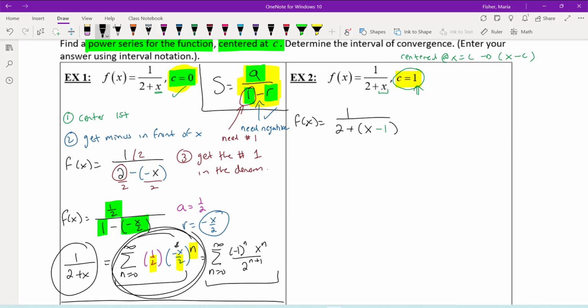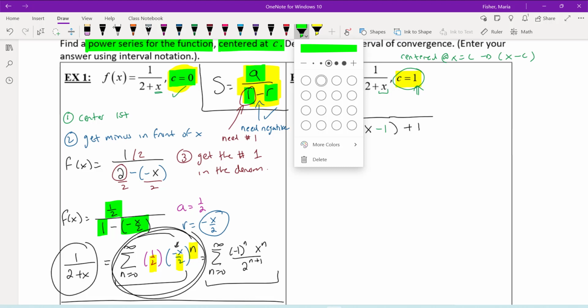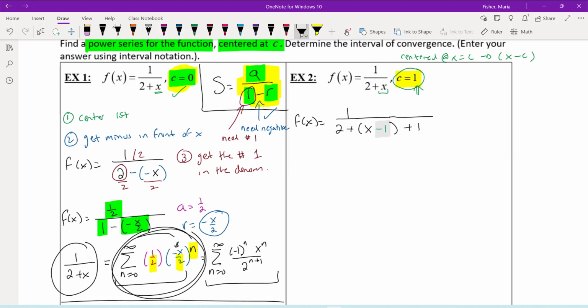But now I'm unbalanced because I've subtracted 1 from my denominator, but the expression is unbalanced until I do the opposite operation. If I subtract 1, the opposite operation would be to add 1. So in order to balance that denominator, I need to do the opposite of a minus 1, which was my plus 1. And now I'm balanced again.